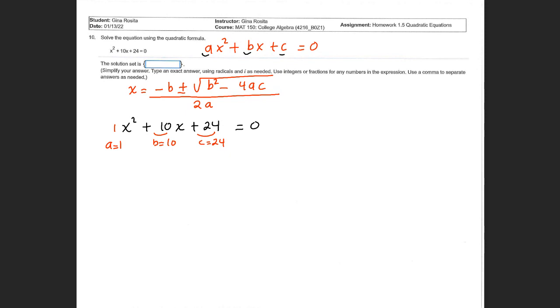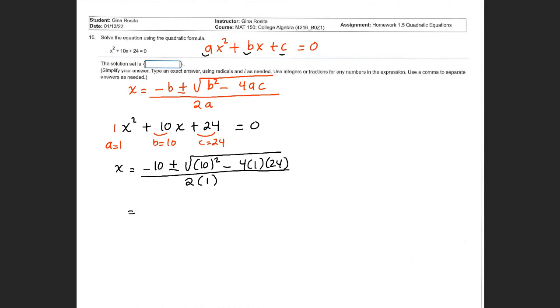After that, we just plug into the formula, x equals negative b plus or minus the square root of b squared minus 4ac over 2a. So x equals negative 10 plus or minus the square root of 10 squared minus 4 times 1 times 24, over 2 times 1.